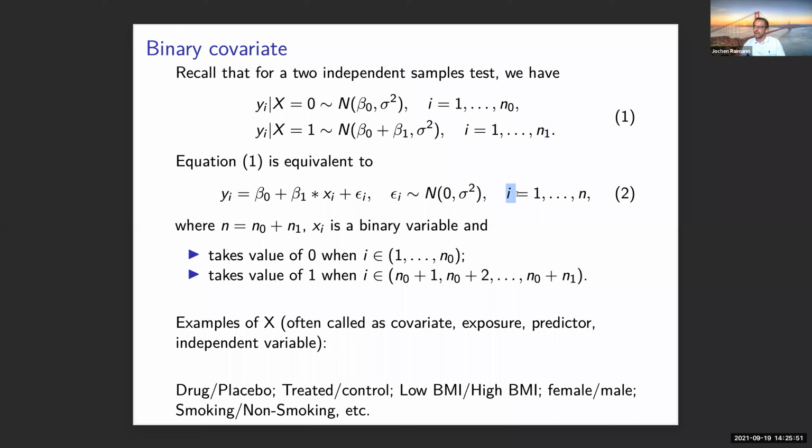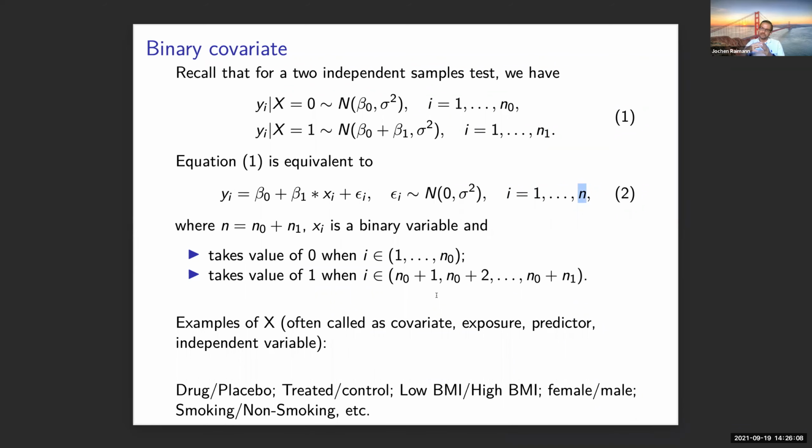And this goes from i equals 1 to n, where n equals n0 plus n1, and xi is a binary variable, which is either 0 or 1.